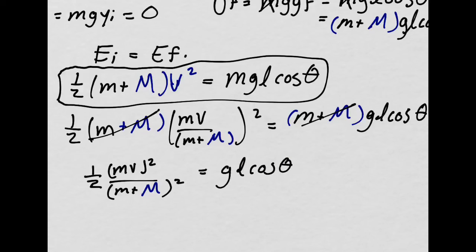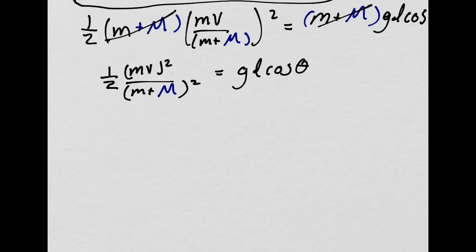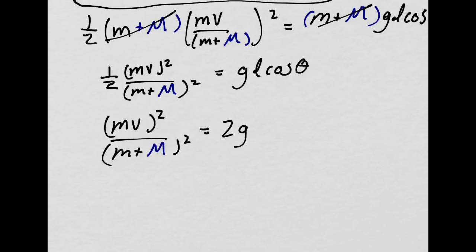We're now going to move everything, keep moving things across. So m squared v squared over m plus blue M squared equals 2gL cosine theta.